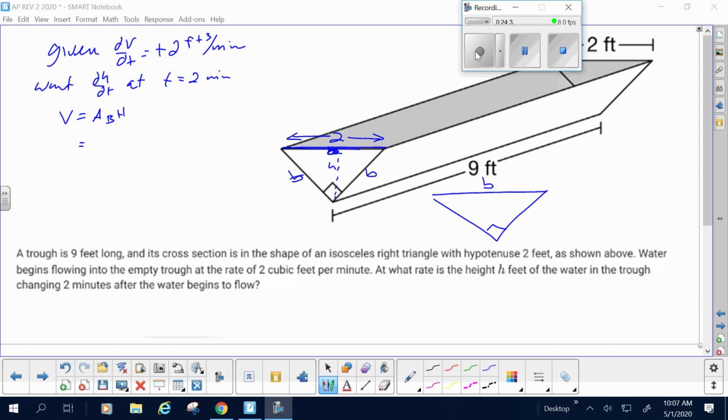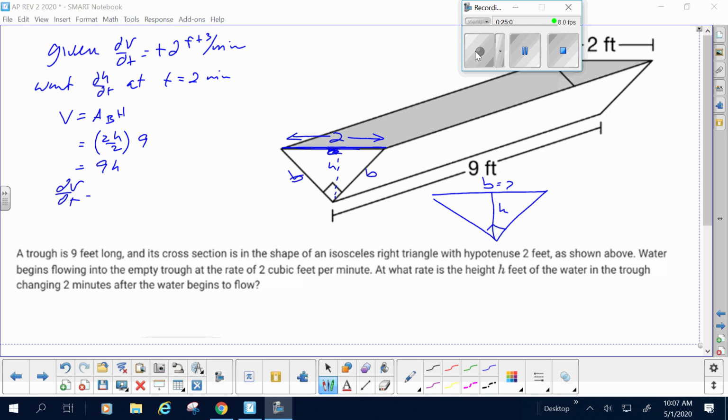The base here is 2, the height is what it is, and so the area of the base is 2 by h over 2. Yeah, my answer is definitely wrong. Times the trough length of 9. So the volume is 9h. 3 dimensions, yes. Okay, so my answer is wrong. I'm sorry. So here we go then.